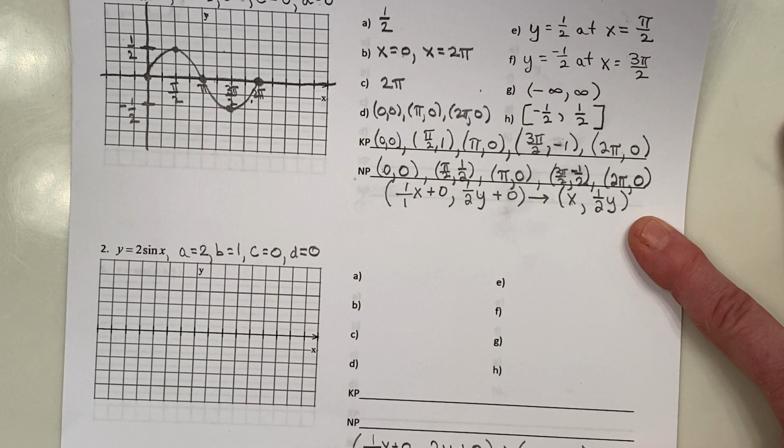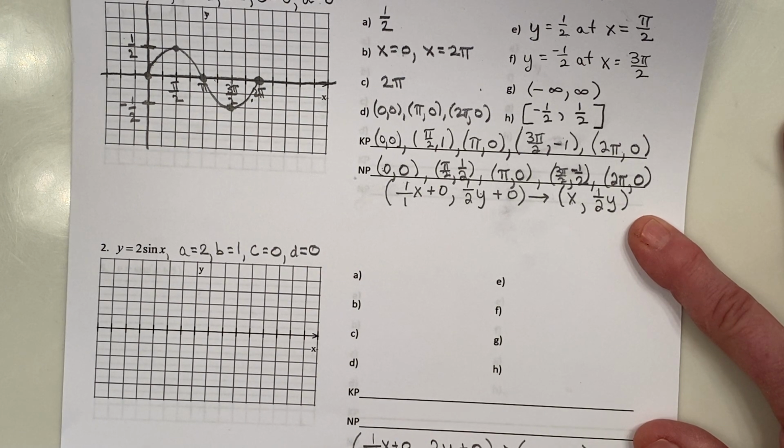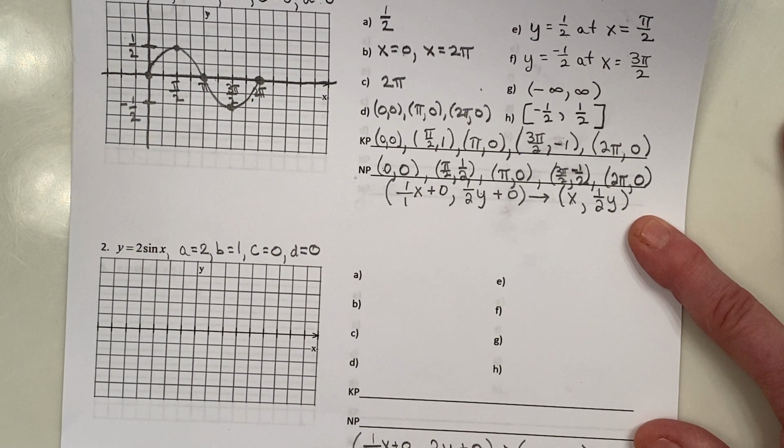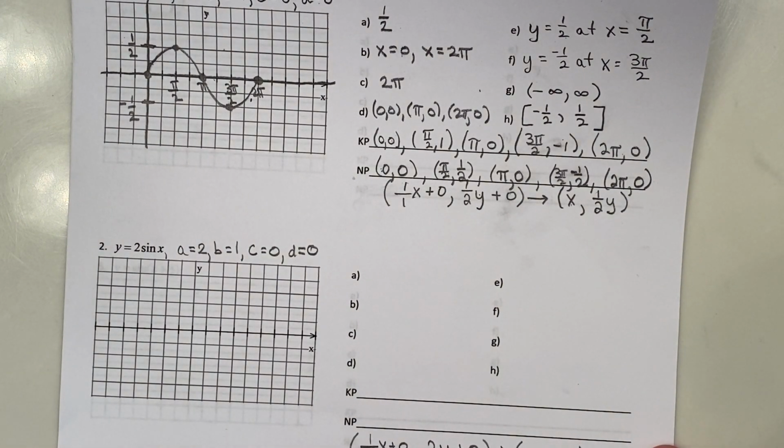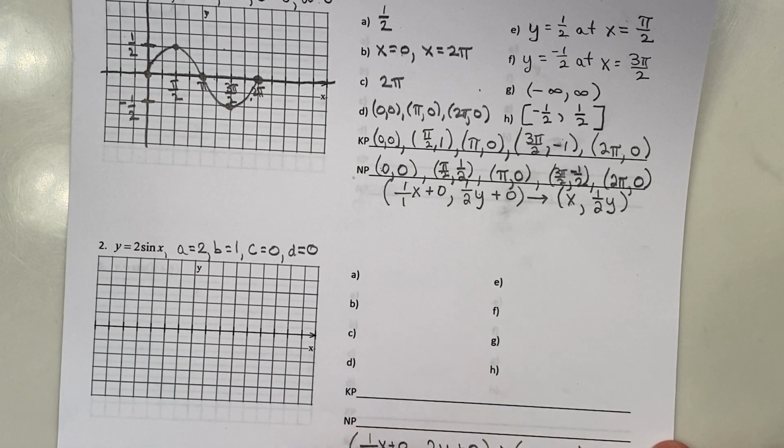You don't need to do this step if you don't want to, but I think it's helpful to see the structure. You can go straight to here. That's fine. Think about what this is telling us for the key points. We're going to keep all x coordinates, but we're going to double the y coordinates of the key points to generate our new points.